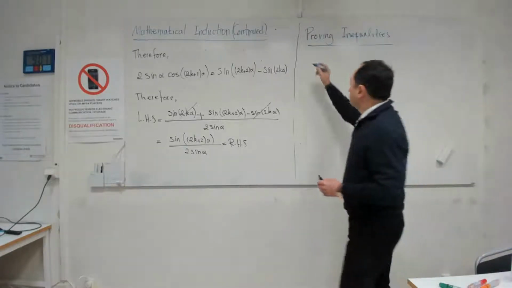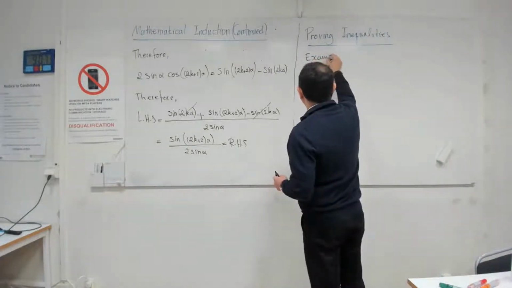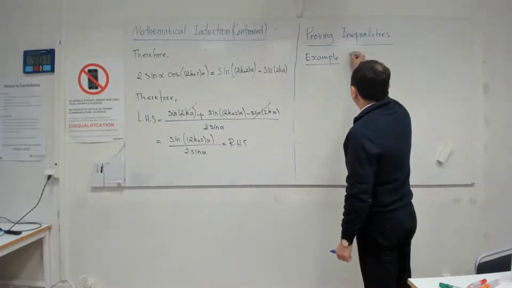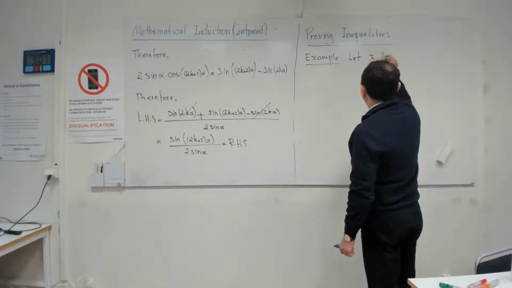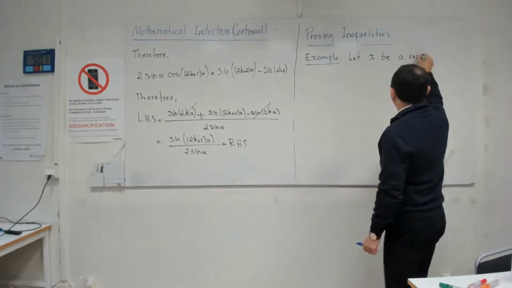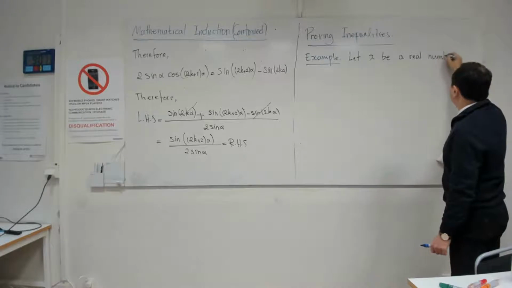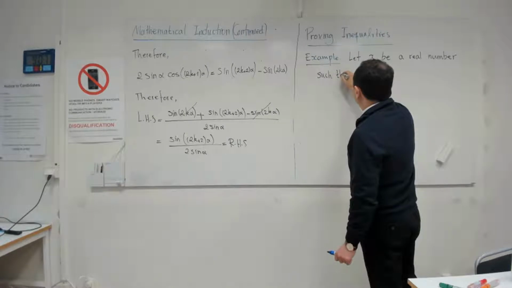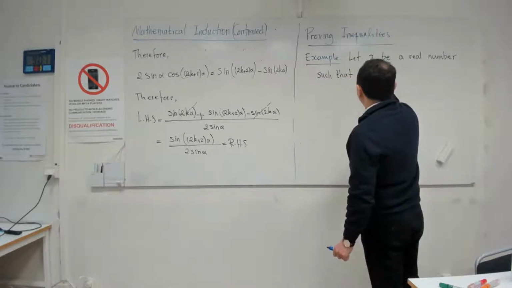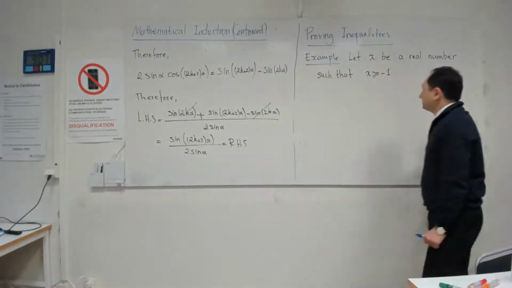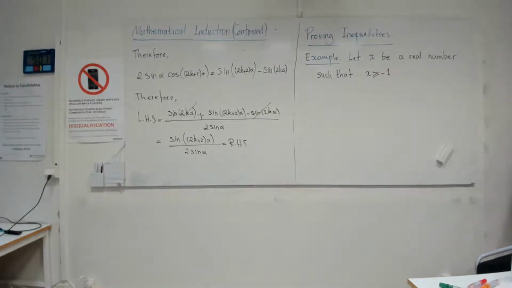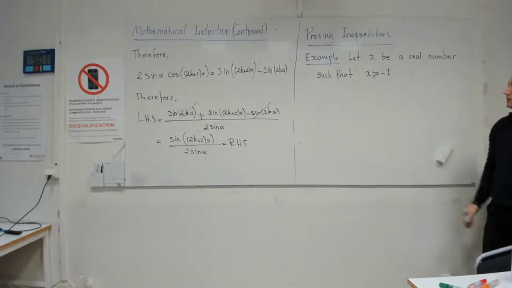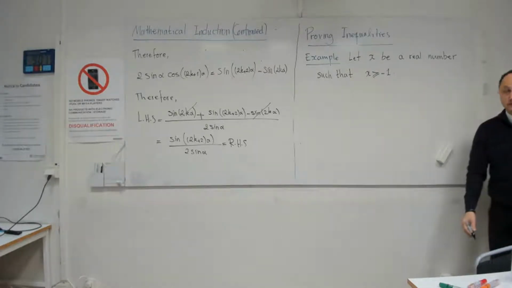So, example: let x be a real number such that x is greater than or equal to -1. It's a real number, so it can be -0.5, it can be, I don't know, square root of 3, whatever.